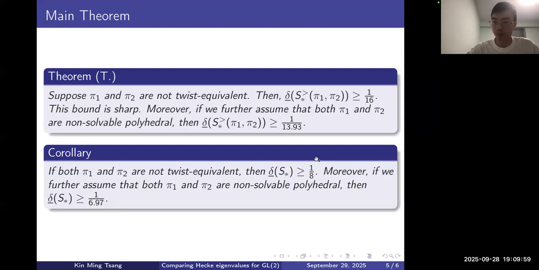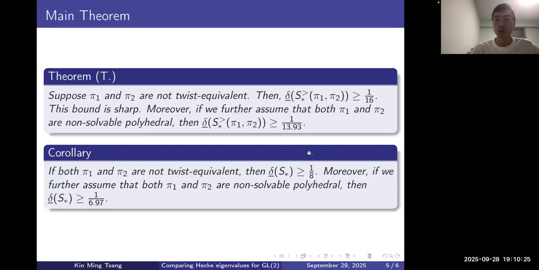How we get that 1/8 is just 1/16 plus 1/16. Moreover, if we further assume that both π1 and π2 are non-solvable polyhedral, then we get this lower Dirichlet density to be 1/6.97. Again, how we get this 6.97 is just 1/13.93 plus 1/13.93.